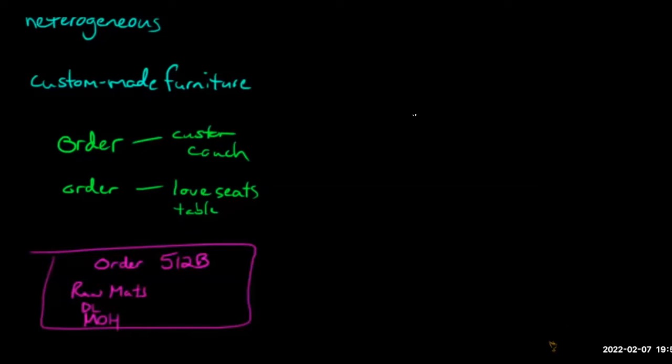So I said order here, but maybe a better way to think of it is job 512B. So we've got a job, a specific order that is going to have its own raw materials, direct labor, and manufacturing overhead that's not necessarily the same as another order.